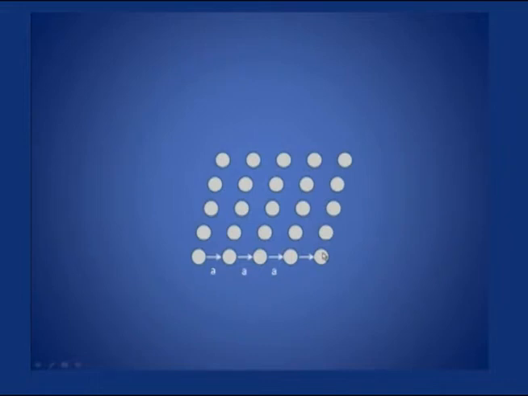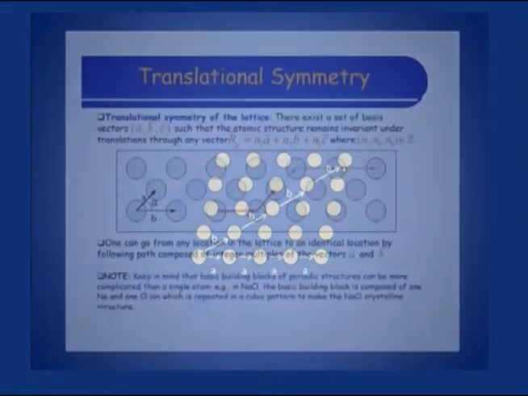Then I can go along the b direction, this direction also. This I can call the primitive translation vector b. I can translate 1 times b, 2 times b, 3 times b, 4 times b, and so on. So, I move along the primitive translation vector b, 4 times b, and I end up at this lattice point.